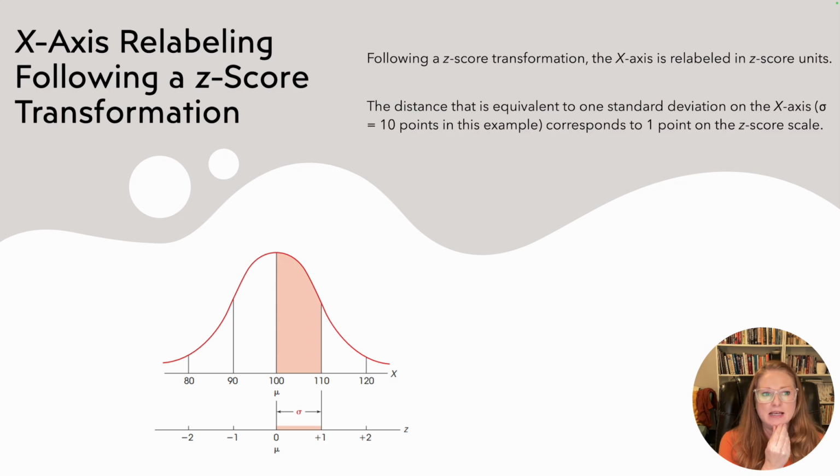So like I mentioned, if the average on this one is 100 and you scored 110, your z-score would be z equals positive 1.00. Rarely is it ever that clean though, right? It's lovely if it is, but it's rarely that clean.